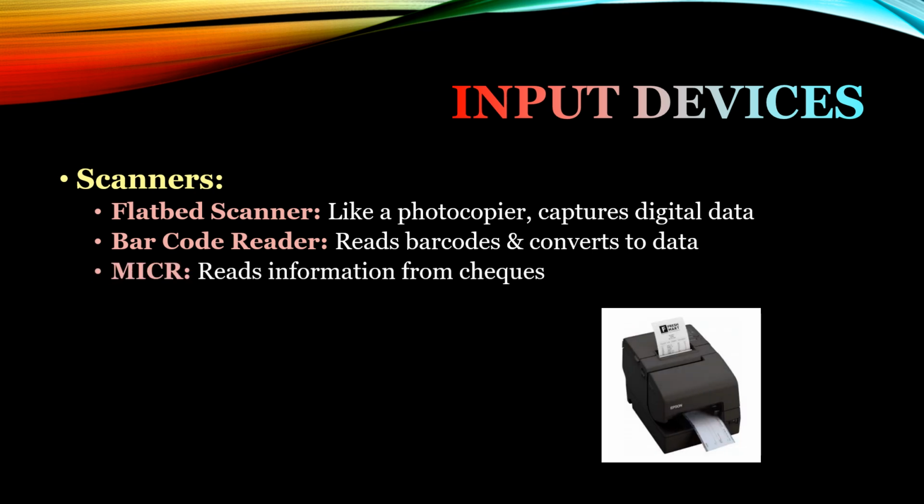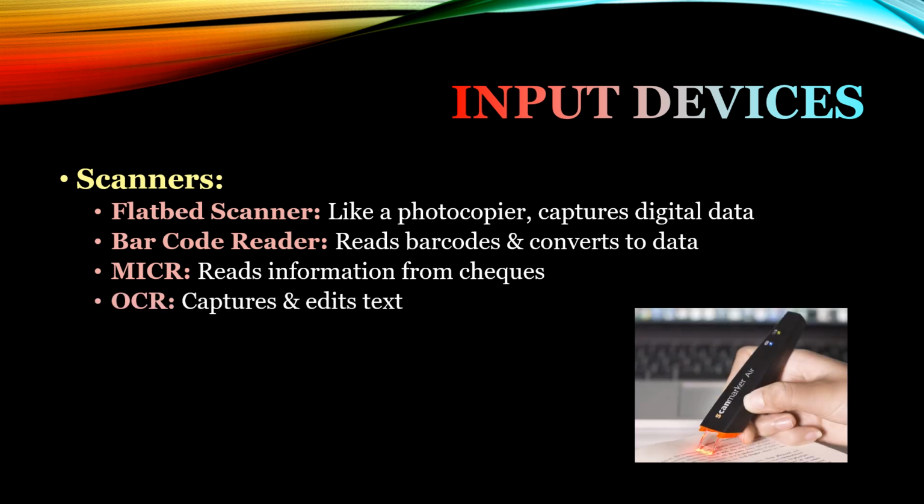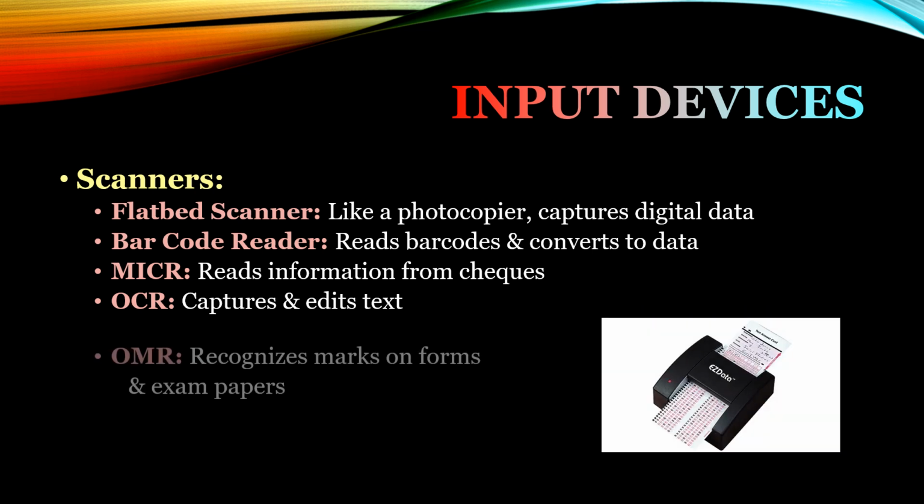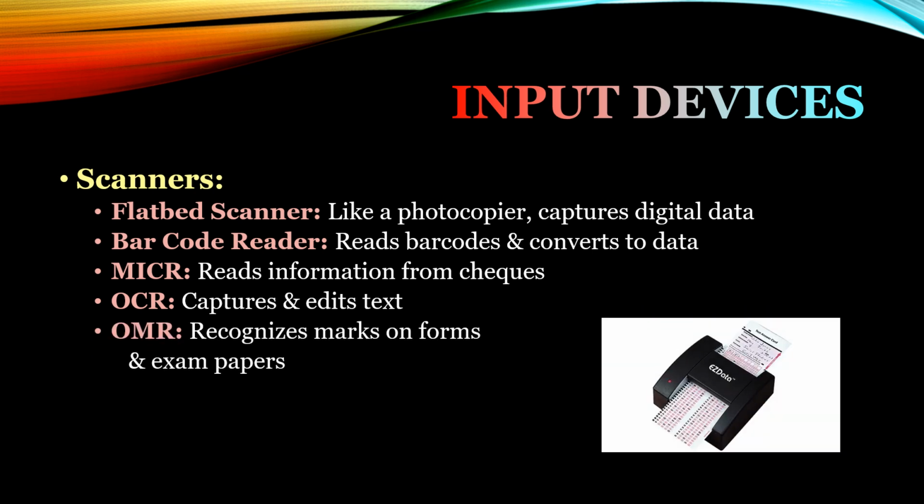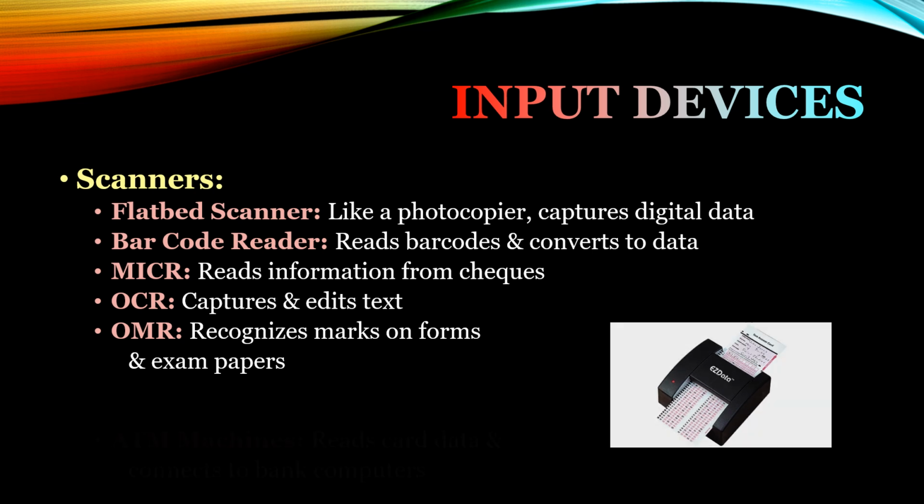Input devices include MICR, which is used in banks to verify check accuracy. OCR is used to scan and edit text from documents, while OMR recognizes marks made on forms or exam papers. These devices play key roles in data processing.